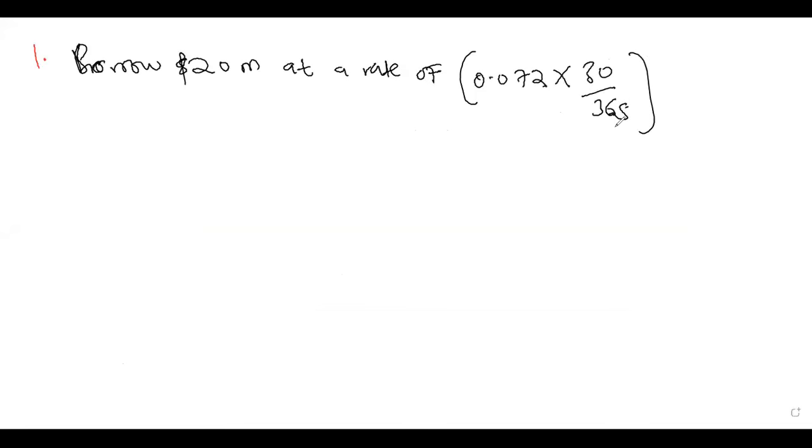As I said, we are assuming a 365-day year, so that nobody will say, I want to use 360 days, or someone will say, I want to use 366 and all that. So if you want to convert this rate to 30 days, it is the rate times 30 over 365.